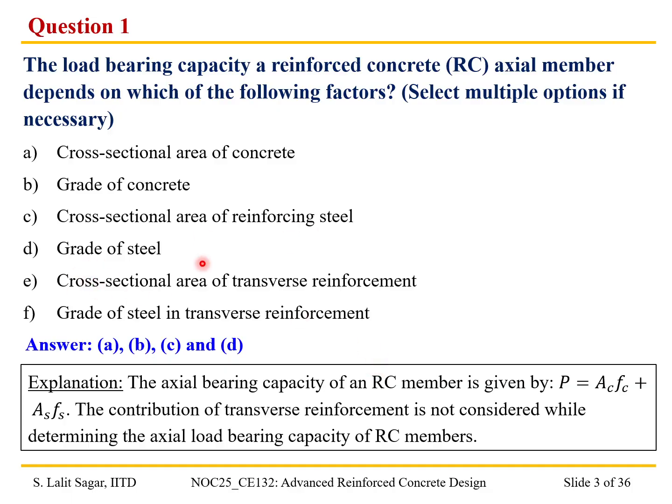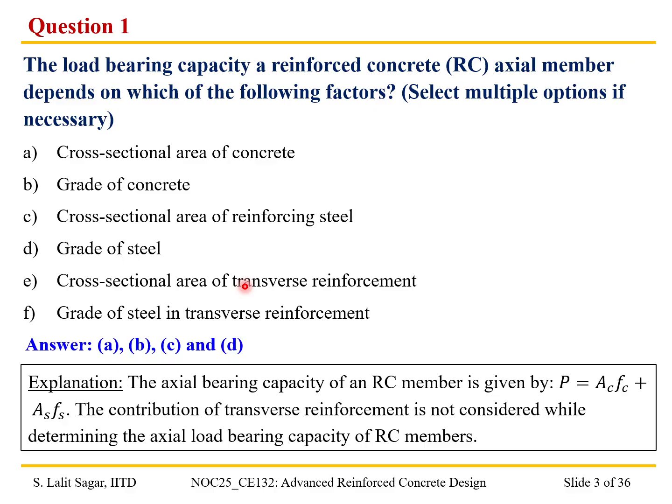On the other hand, the transverse reinforcement. We have discussed the role of transverse reinforcement in one of our earlier classes also. It is mainly to hold the longitudinal rebars in a certain position, and it is responsible for providing the shear resistance, not so much the axial resistance.